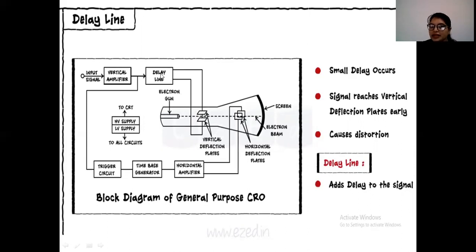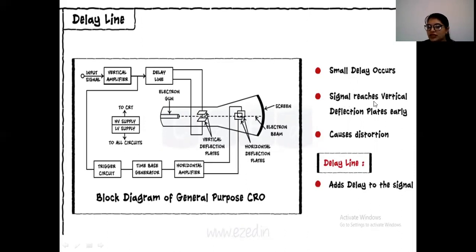So delay is introduced over here so that the signal will slow down over here and it will reach at this path and it will reach at this path at the same time. So delay line is used to add some delay.